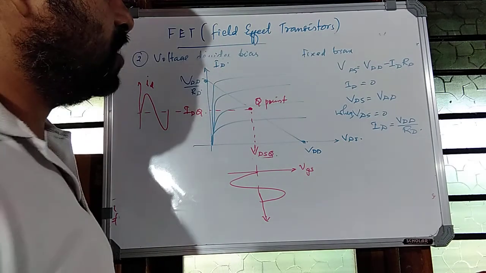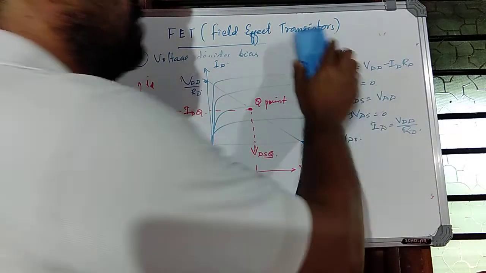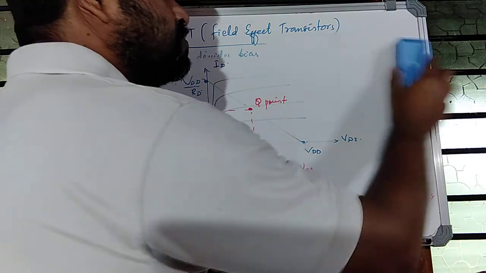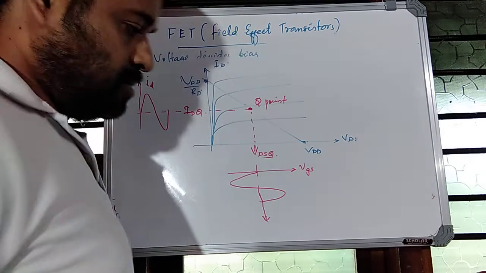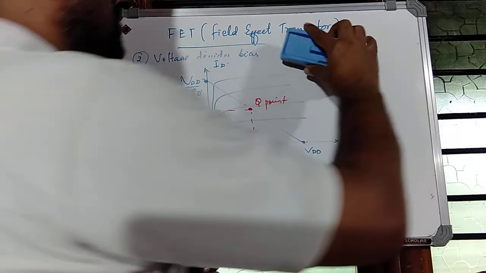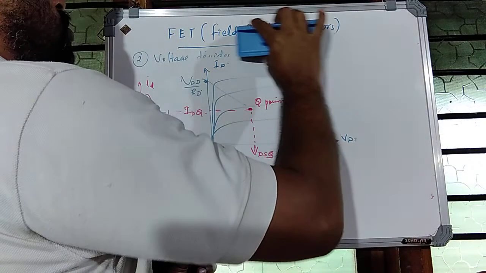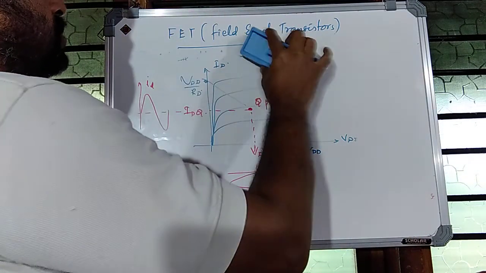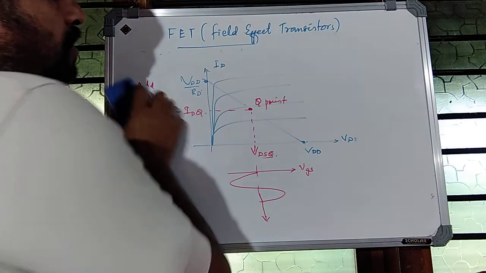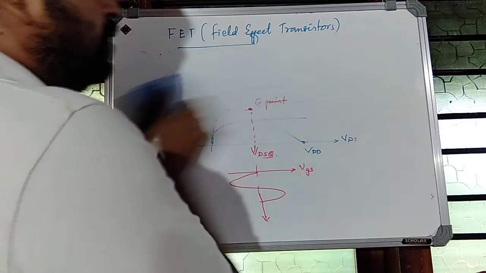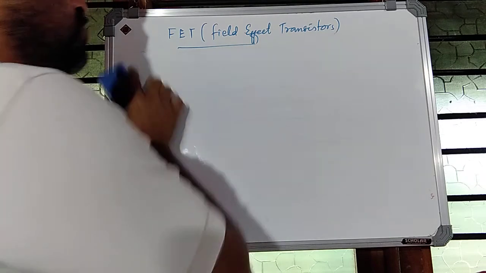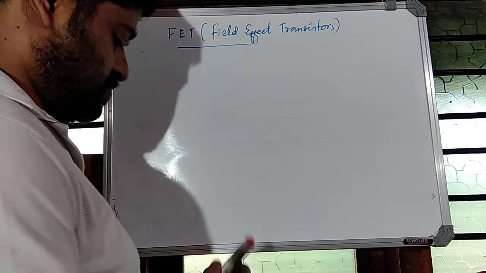So in the small signal model, we will develop a small signal model. For AC analysis, we will develop the small signal model of this FET. So I think this is clear. Small signal model, AC analysis.